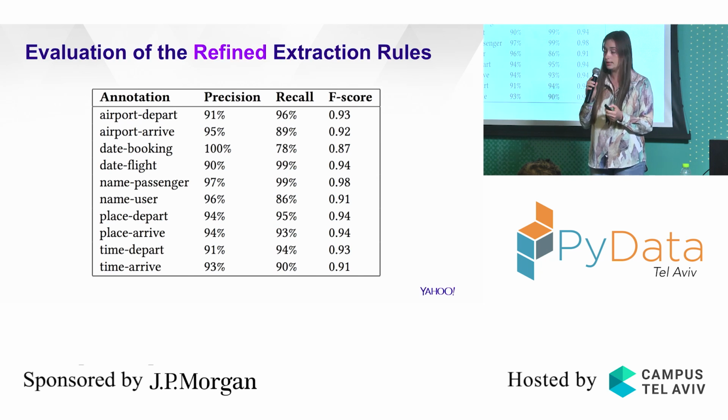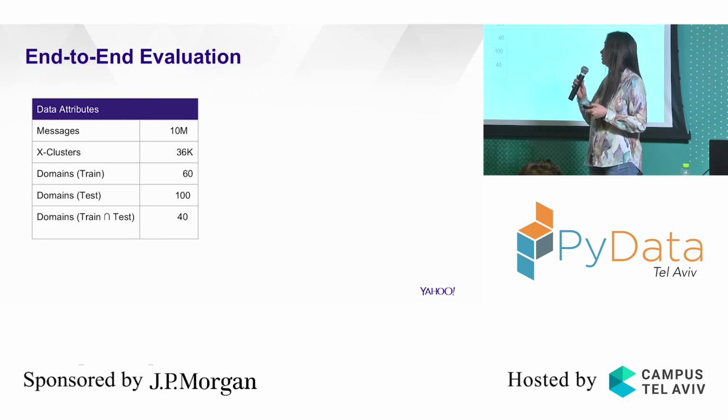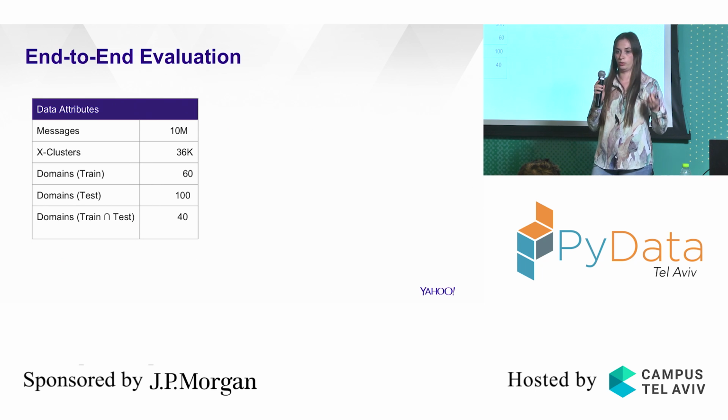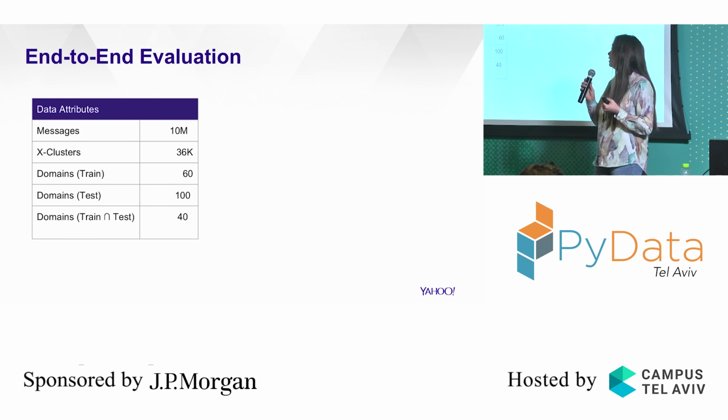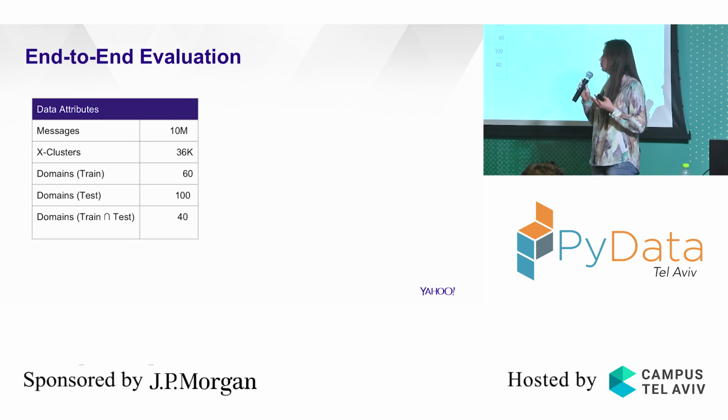At last, we looked at end-to-end evaluation. We compared with manual extraction, given the current extraction we have in Yahoo. We evaluated 10 million messages associated with 36,000 X clusters.